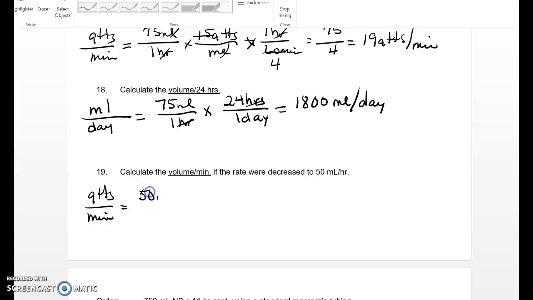We have 50 milliliters per hour and 15 drops because we're still using our standard macro drip tubing, and 1 hour is 60 minutes. So all my symbols cancel out, leaving me with drops per minute. I always do that first, so I know I've set my problem up correctly.